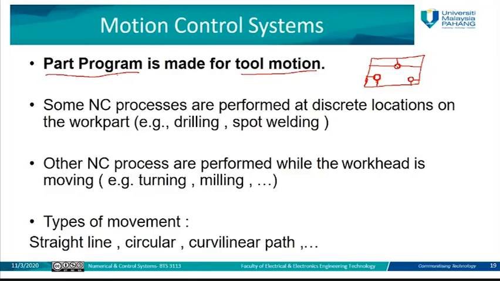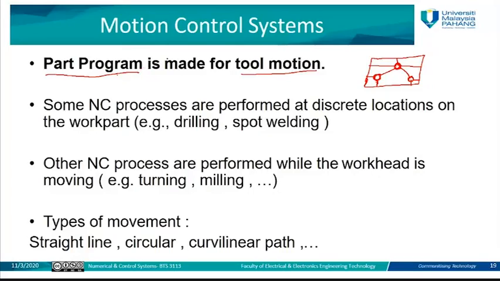Then the workpiece will be moved to the spindle to make the second hole. Then where will the third hole be and how the machine will move from the second hole to the third hole. So we need to define this path of movement with the coordinates for every hole by using this part program.